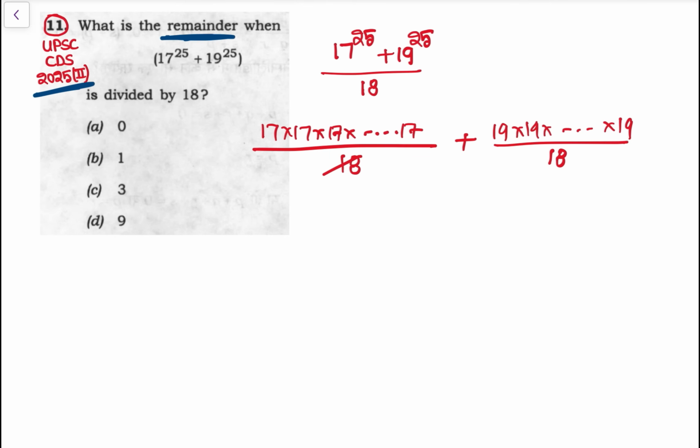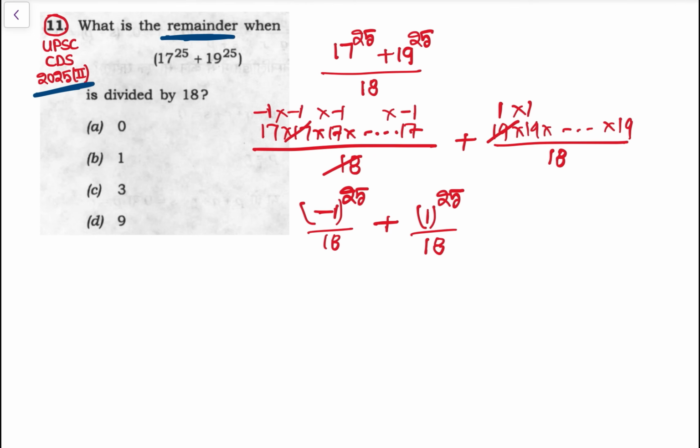So this is -1 into -1 into -1. So -1 to the power 25 times upon 18 plus, see here it is 1 into 1, so 1 to the power 25 upon 18.